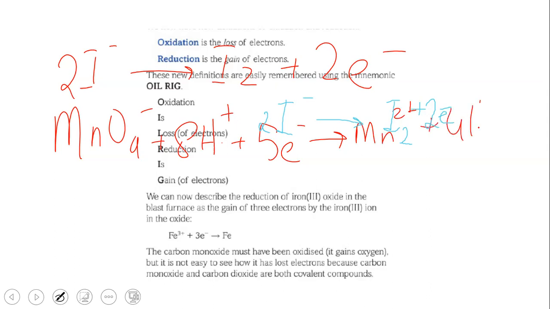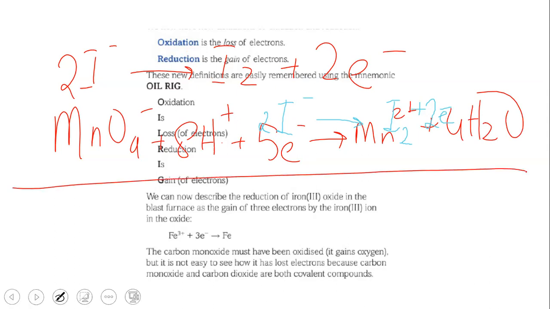You have these two half equations given to you in your question. They are saying combine the two half equations. So this is oxidation, this is reduction. Combine the two half equations to come up with an overall equation that is completely balanced. You have to combine the oxidation equation and the reduction equation to give the overall equation for the reaction.